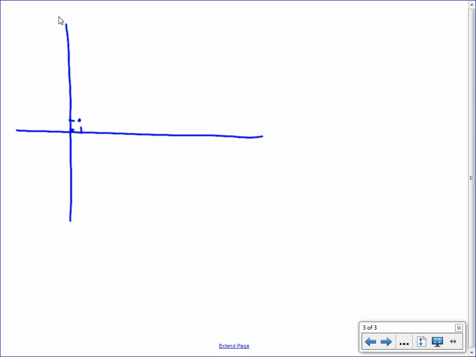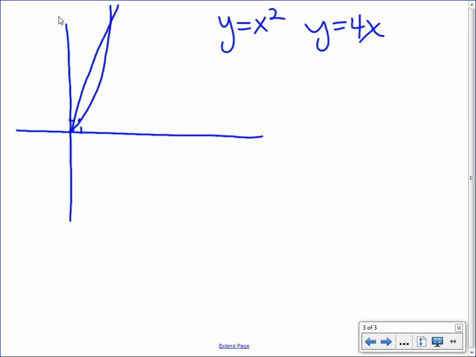Let's see what's the best way to draw this here. Like that. y equals x squared and y equals 4x. Where are they intersecting? 0 and 4.